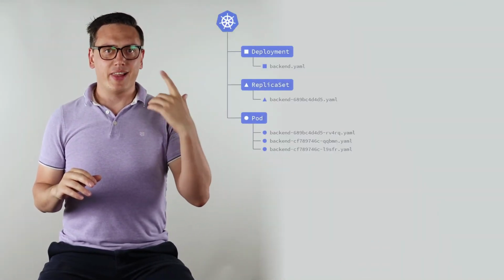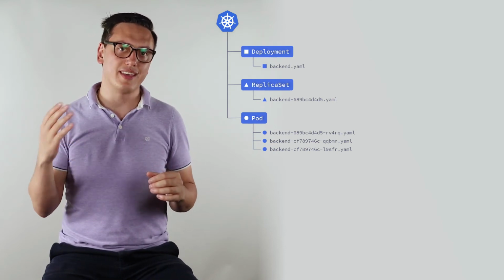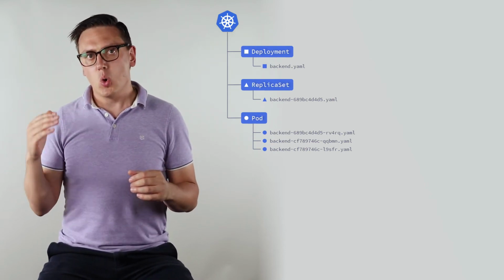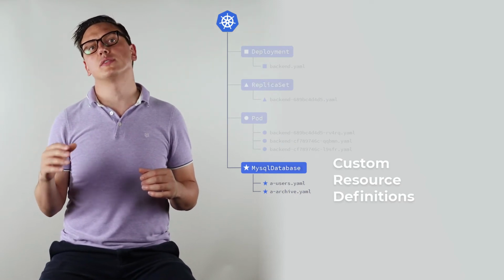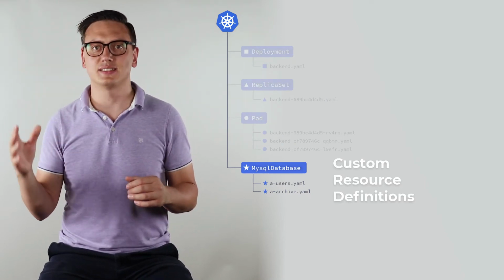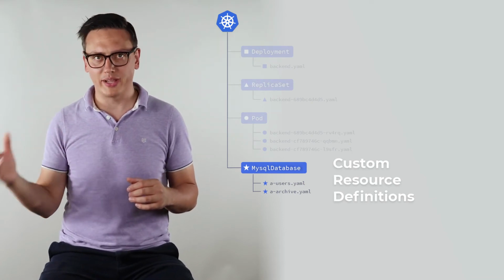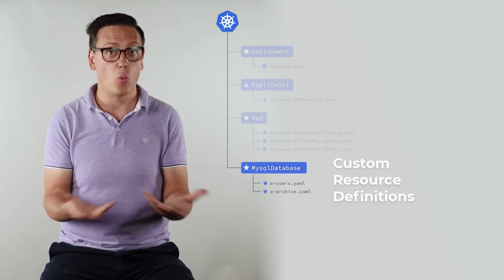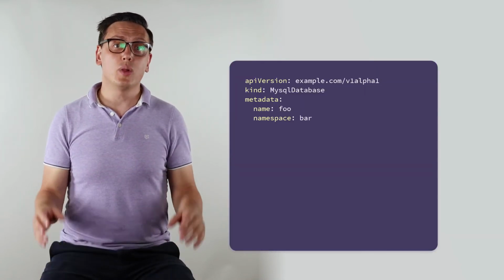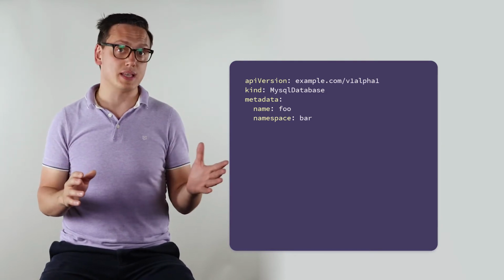Another example. Let's jump back to the beginning, to the slide with the YAML file server. We should remember that Kubernetes allows us not only to use the object kinds that are embedded, but it allows us to create our own kinds. So we can create a kind with the name MySQL database. Why not? And this kind will have only metadata, only name and namespace.